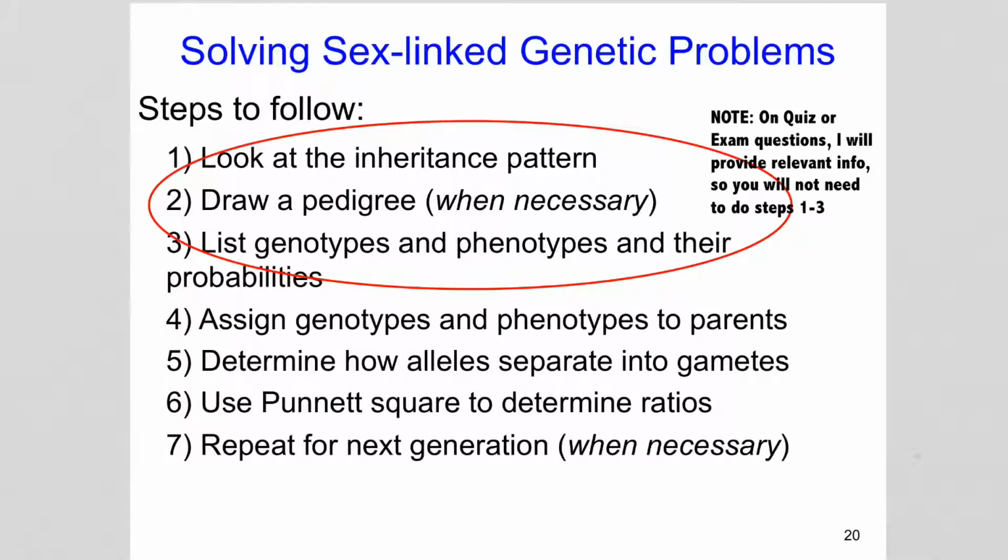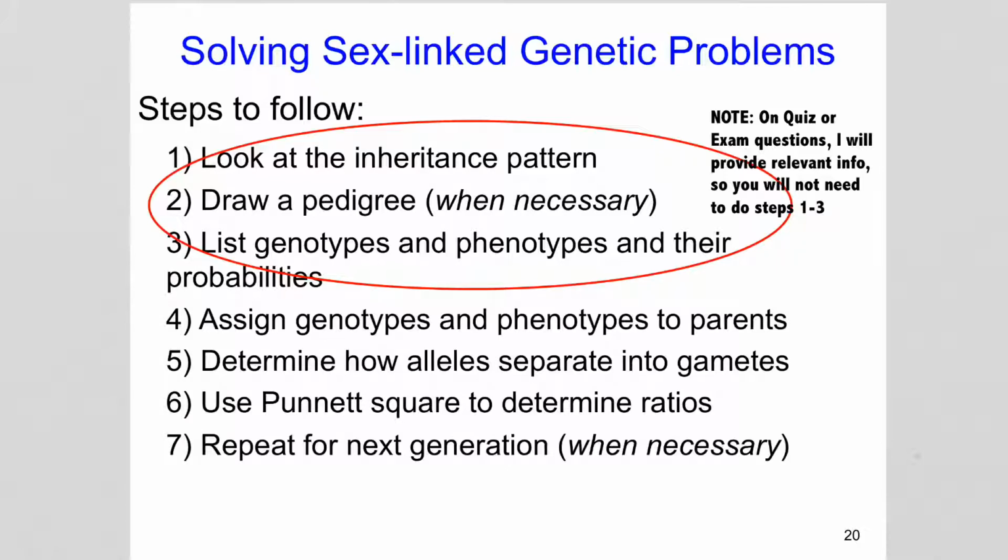So sometimes we're not presented with a pedigree, but in other cases we are, and you can track the affected and unaffected individuals. So once you have your pedigree, you can list out your genotypes and phenotypes with their probabilities. So knowing what you know about the condition in the wider population, I'm going to give you all that background information.